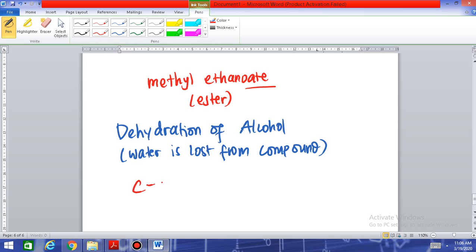For example, I have ethanol. It's dehydrated, so water is lost from this compound to produce ethene, alkene, and water.